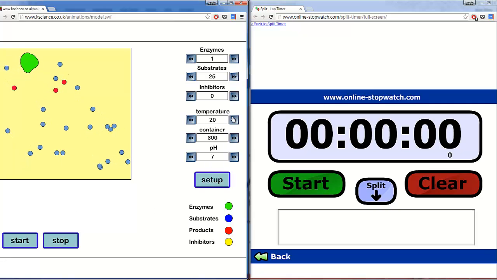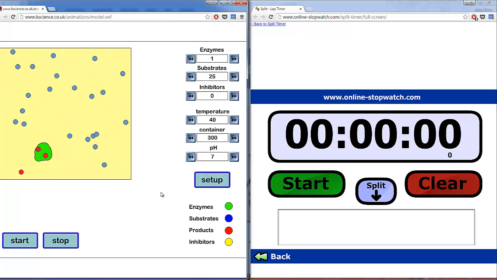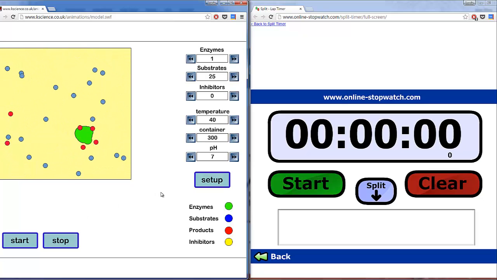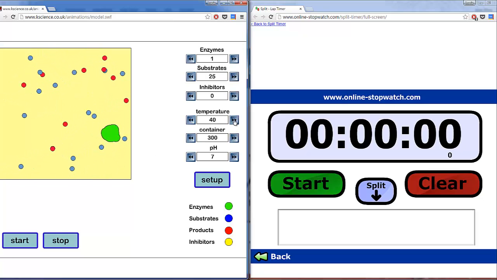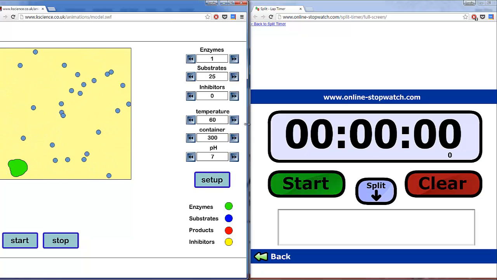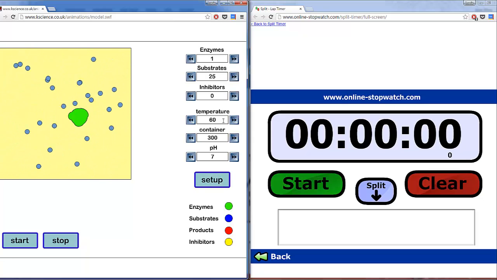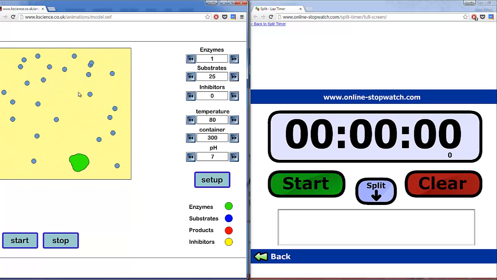Then you try maybe 20 or 25, and then 30, 40, and see how they look different and how the time changes. Obviously you can see that it is faster when the temperature is higher, and at 60 even faster, and faster and faster.